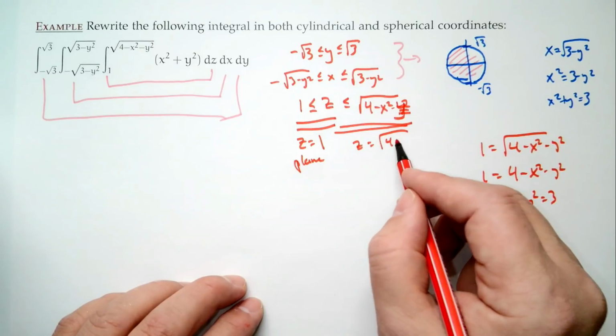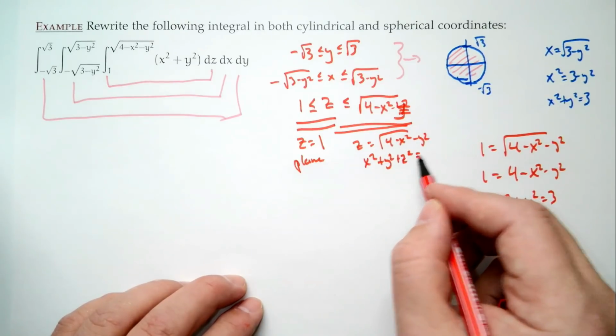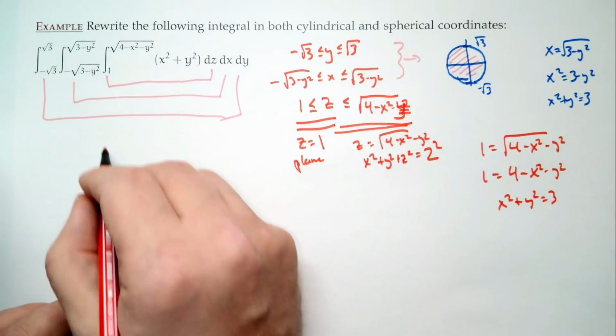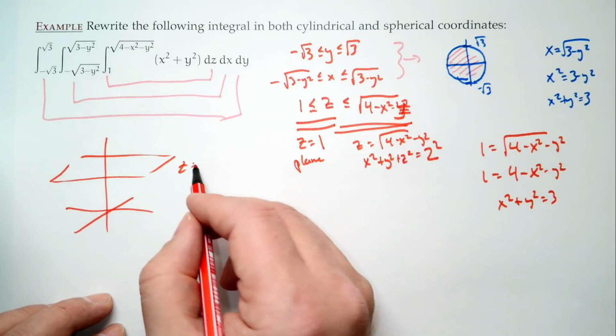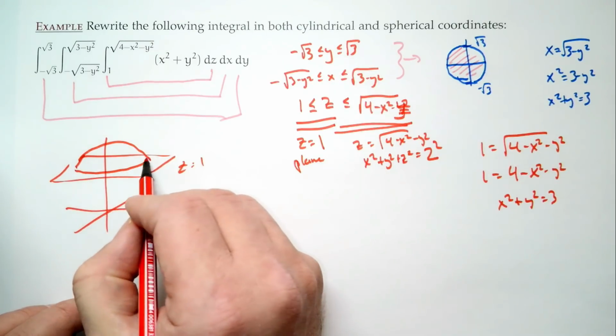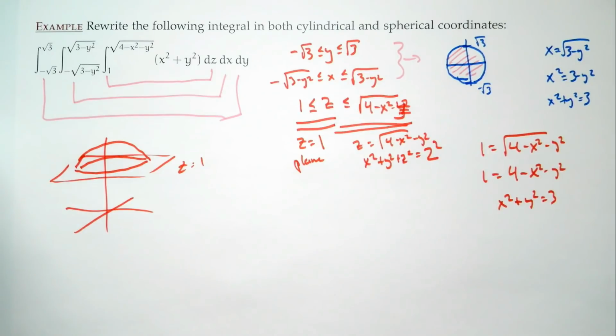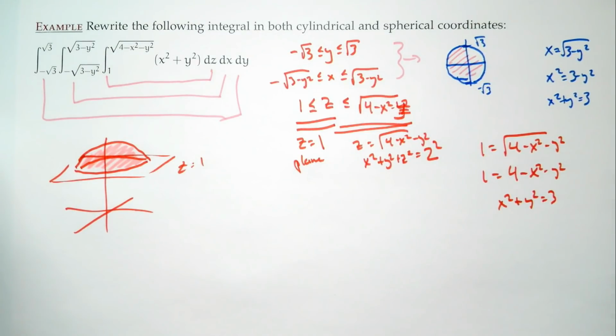If you square both sides and rearrange, it's x squared plus y squared plus z squared equals 2 squared. So we have this plane, z equals 1, and the top part of a sphere, and they're intersecting. So our three-dimensional shape is this. You might call it a cross cap, the top part of a sphere. That's our basic region. Now that you have the region, comes the time to set things up.